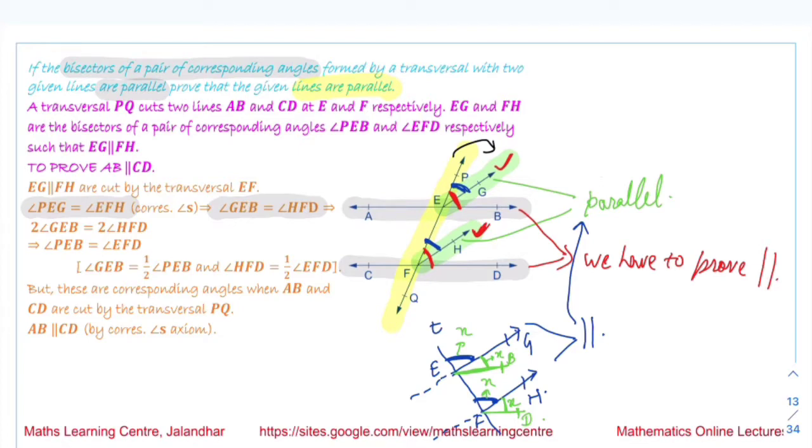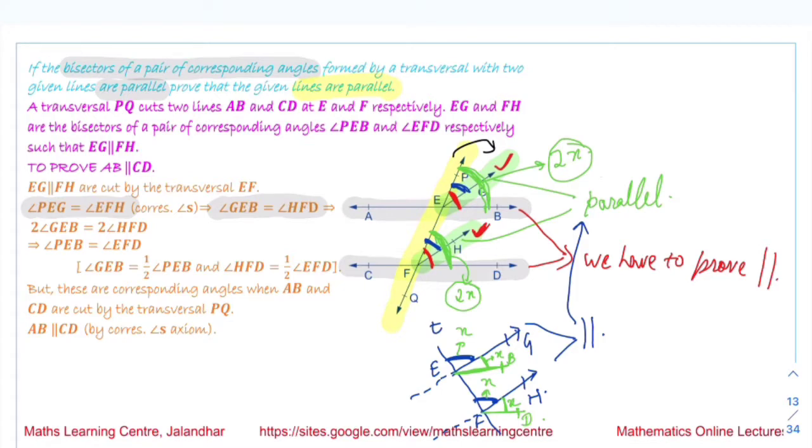So if we add these angles, this whole angle PEB, we are saying its value is now 2x, and similarly the value of this whole angle is also 2x. We have considered the angle PEG as x, and from that we are getting both these angles as 2x.